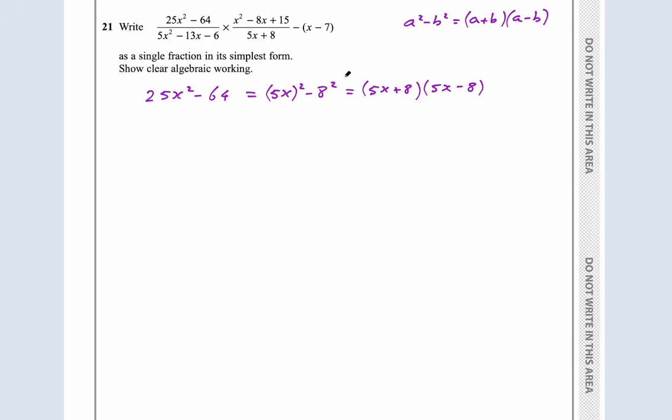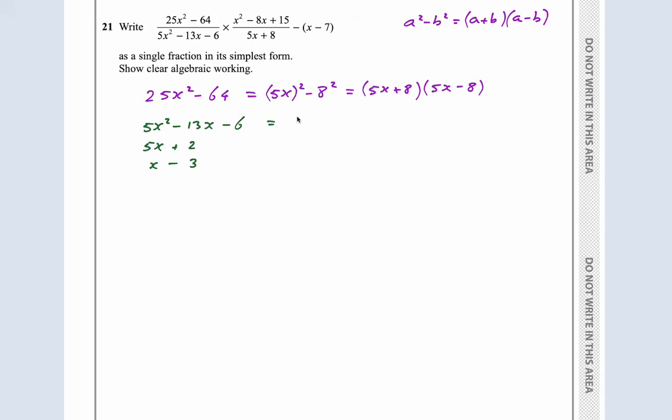Now let's take a different color and I'll factorize the next bit. 5x squared minus 13x minus 6. Factorizing a quadratic. I'm going to do 5x and x. The factors of 6 are 3 and 2. I'm going to put the 3 here and the 2 here, and the minus there and the plus there. Because when I cross multiply, I'll get minus 15x plus 2x, which gives me the 13x.